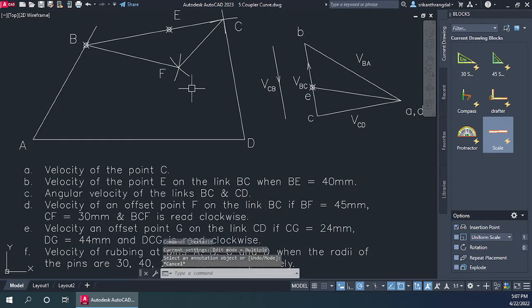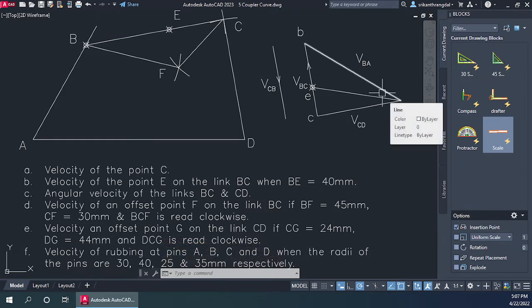So now we need to find the velocity of this point F with this particular diagram. So we already have the velocity diagram, and we already have the length BC, and we need to find the point F here using similar triangles approach, and we need to maintain the clockwise direction in which the points appear.